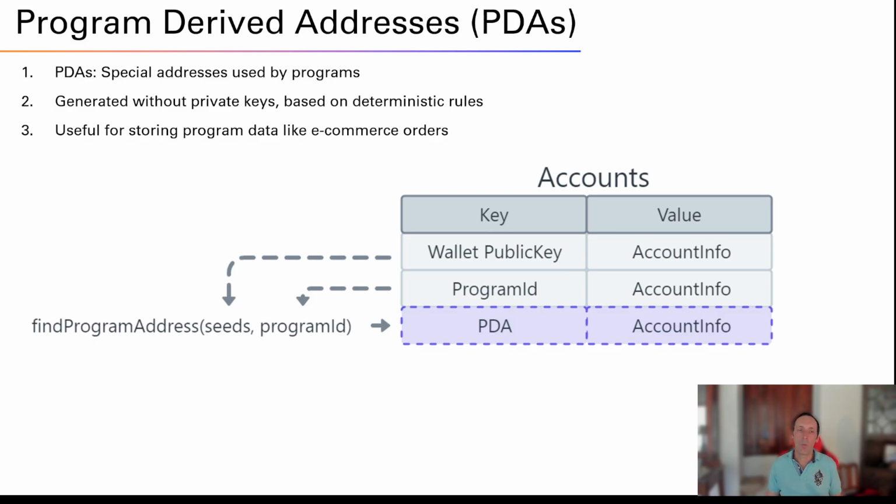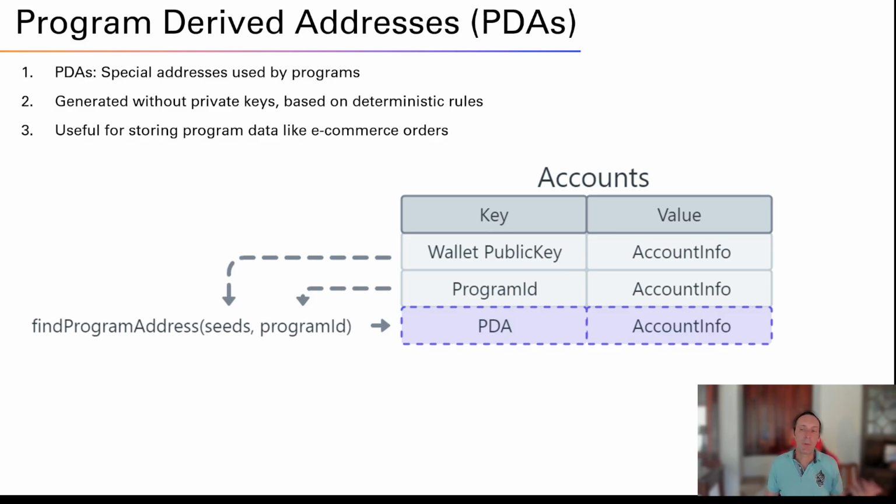One of the seeds could be, for example, your customer public key that I can obtain by just connecting to your Phantom wallet, and then I run that. The seeds can be any number of data points, but one of them in this example is the wallet public key. Combining that with the program ID, I can generate a unique address, the PDA address that we are talking about, and then that address can be used by the program to write data into it.